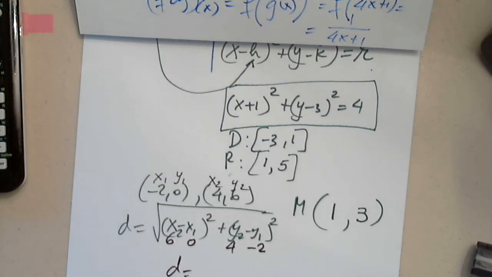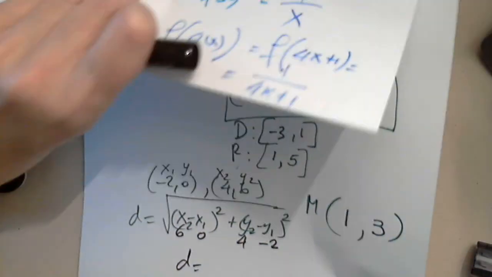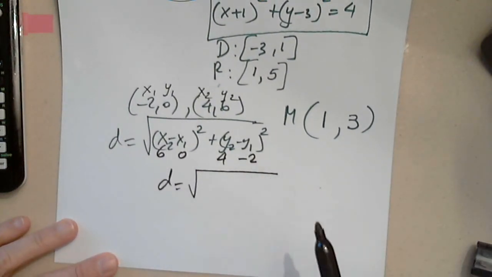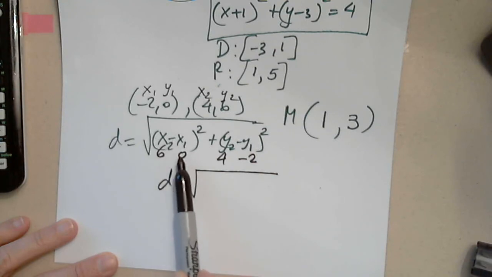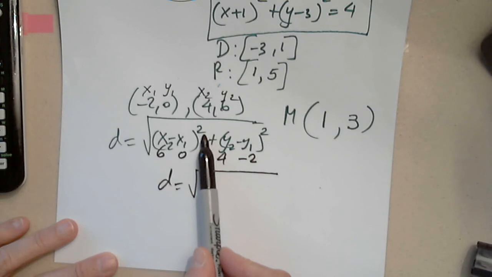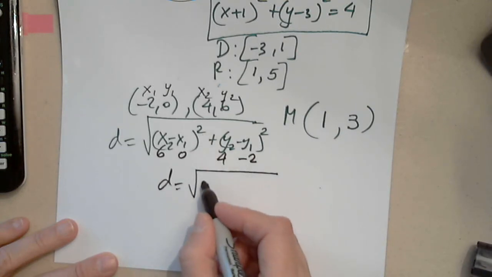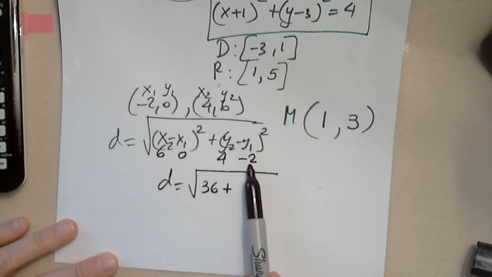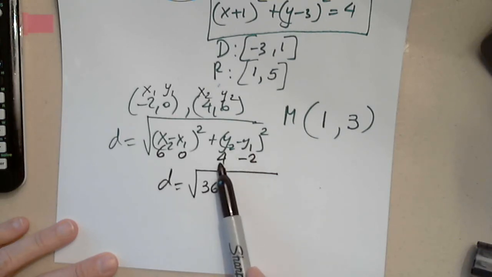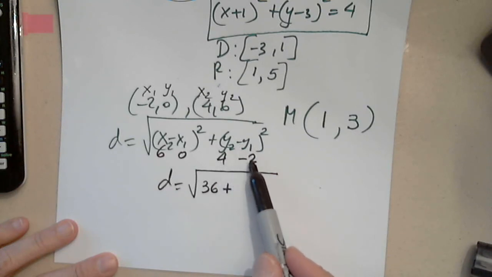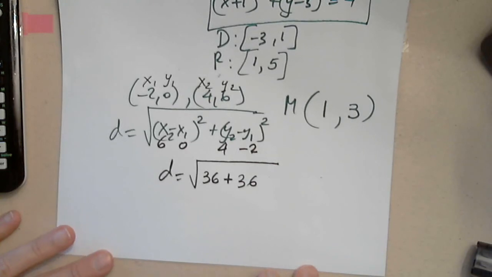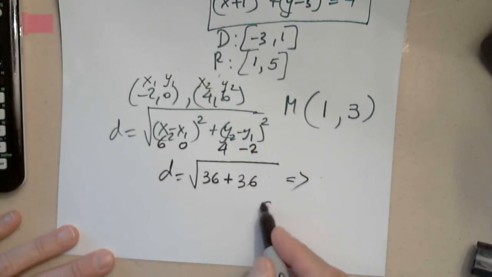So the distance is the square root of, how much is 6 minus 0? 6. 6 squared is 36, plus 4 minus -2, which is 6. 6 squared is 36.